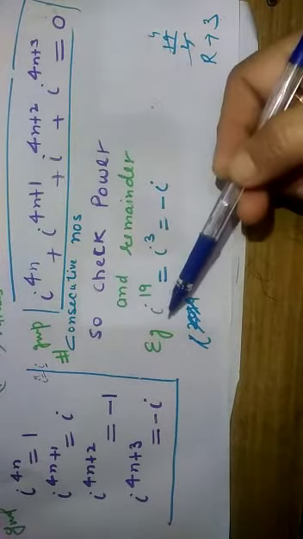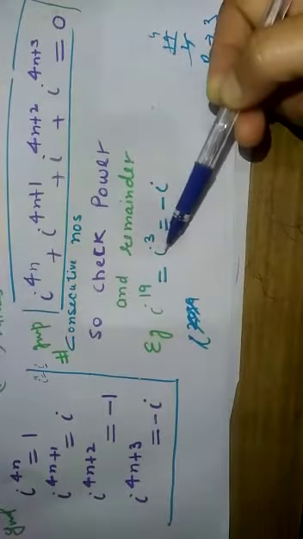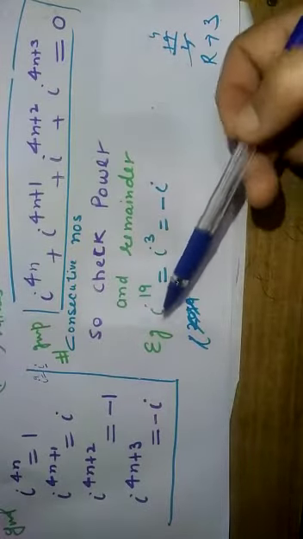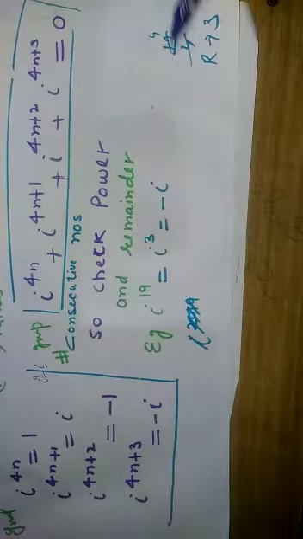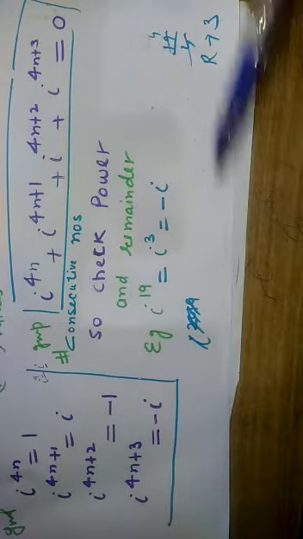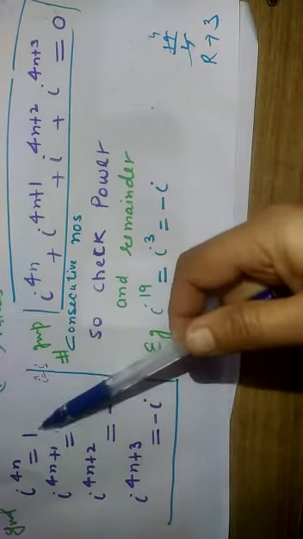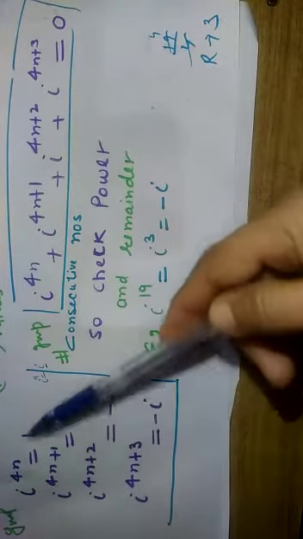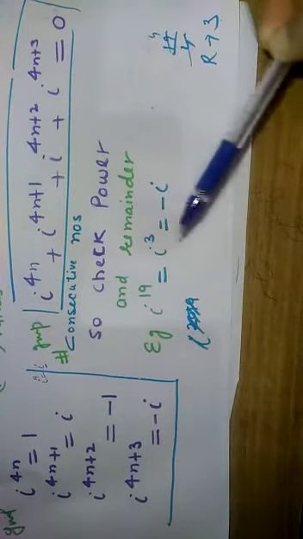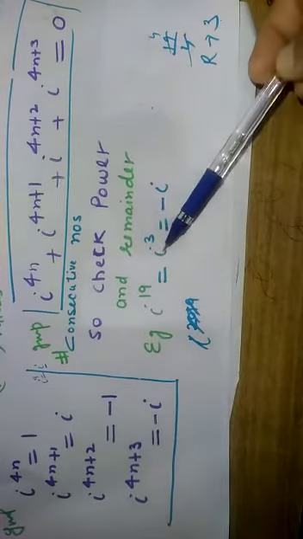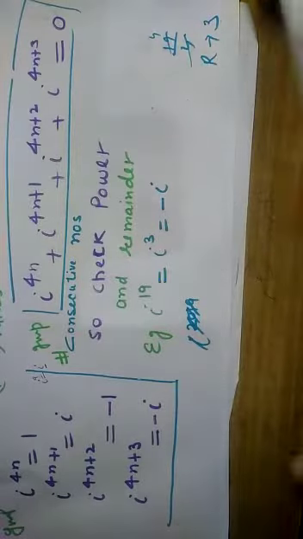So I can write iota raised to power 19 as iota raised to power 3. The reason is that iota raised to power 19 can be cancelled out with the multiple of 4, which always gives me the result 1, and the remainder is iota raised to power 3. So I will get iota raised to power 3, which is an odd power.